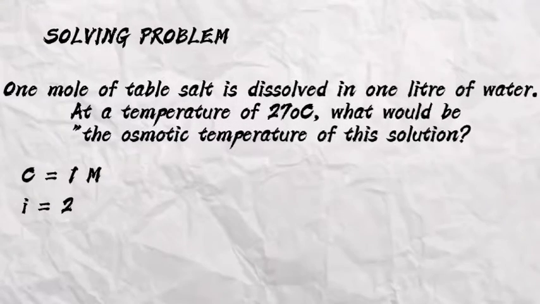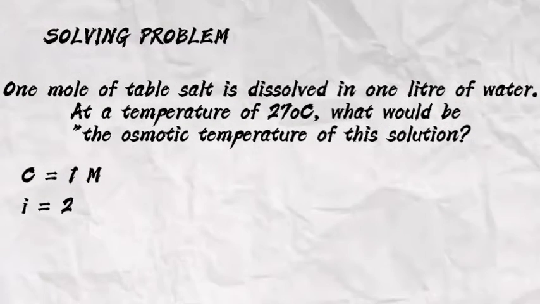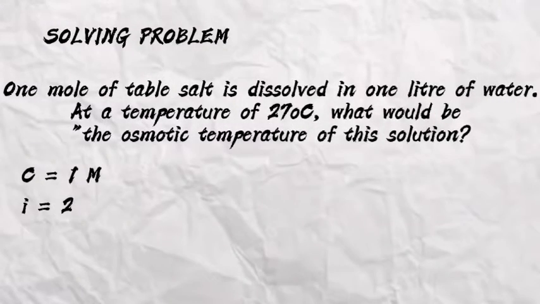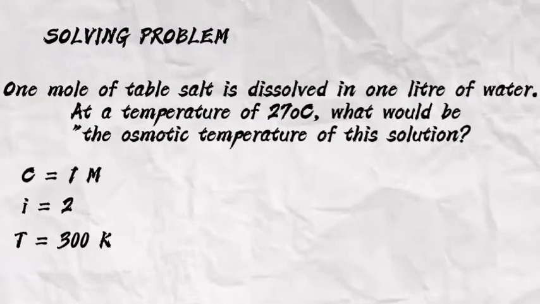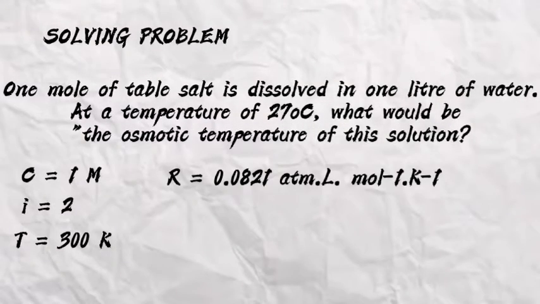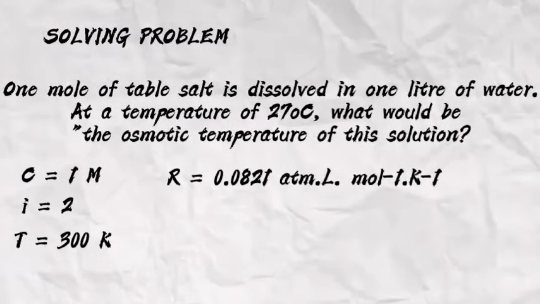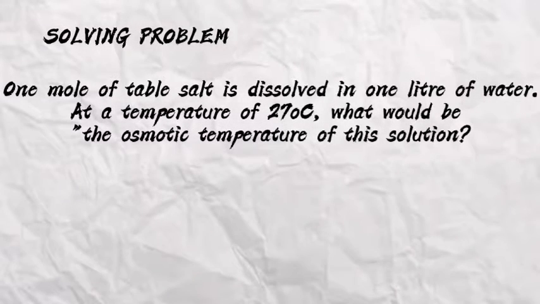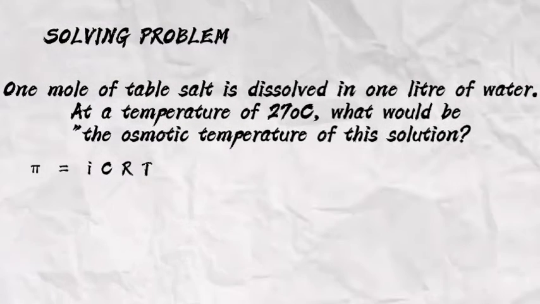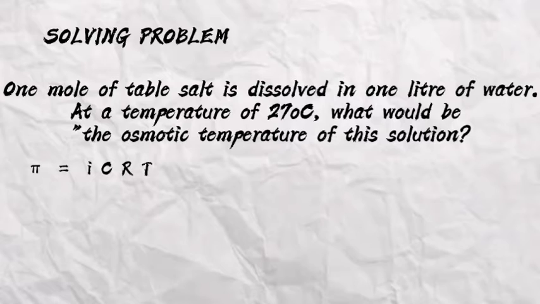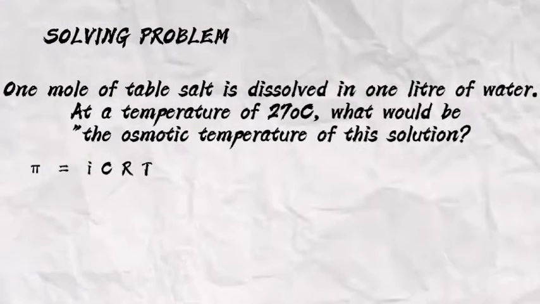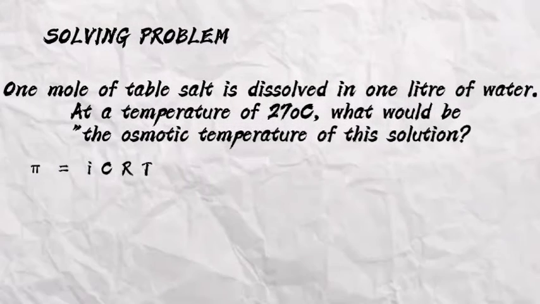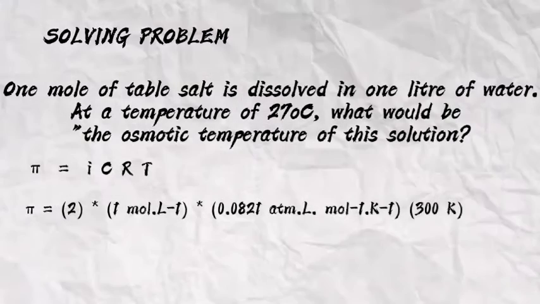Converting 27 degrees Celsius to the Kelvin scale, the required temperature becomes 300 Kelvin. The gas constant will be. Now we can apply the formula for osmotic pressure. Substituting the known values in the above equation, we will have this equation.